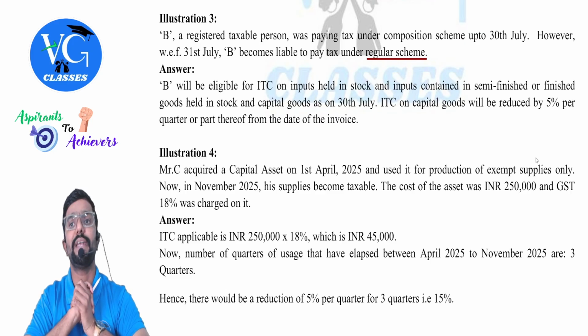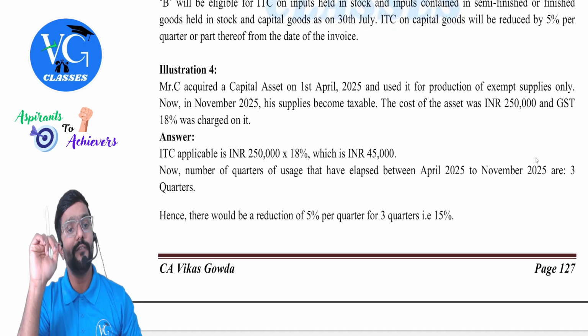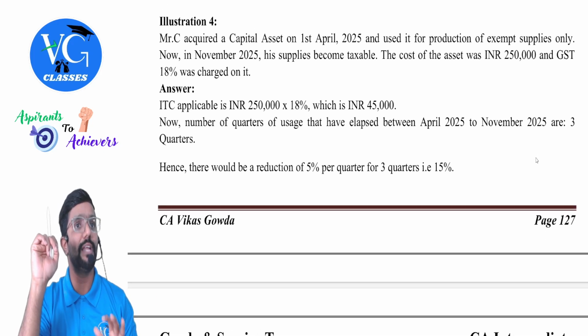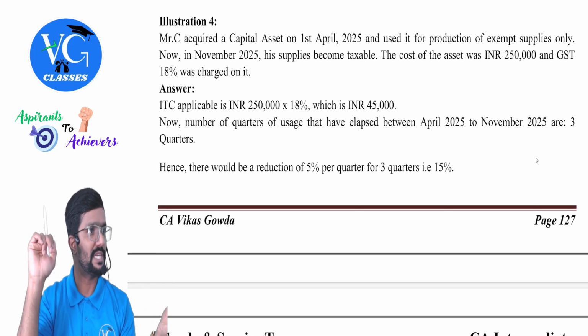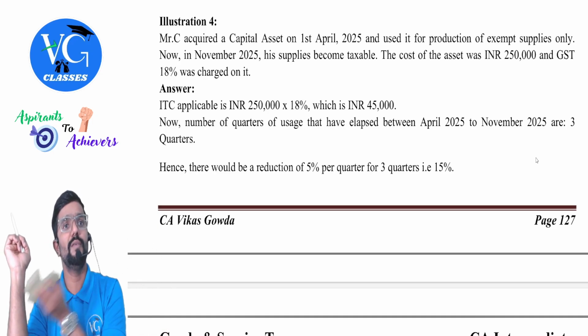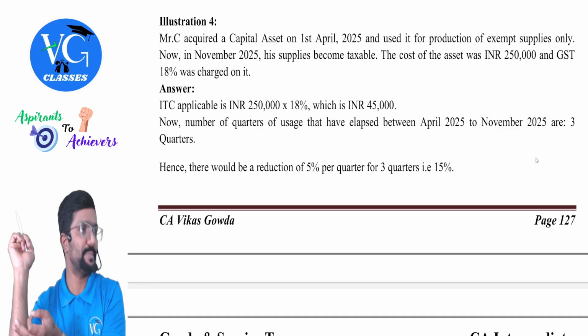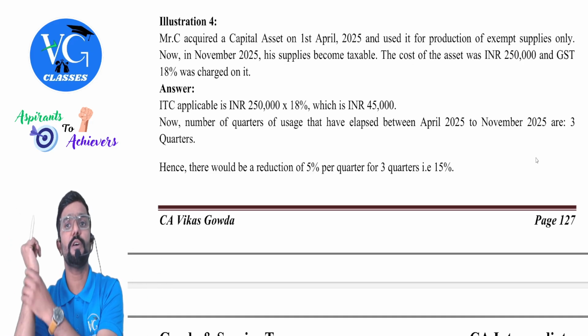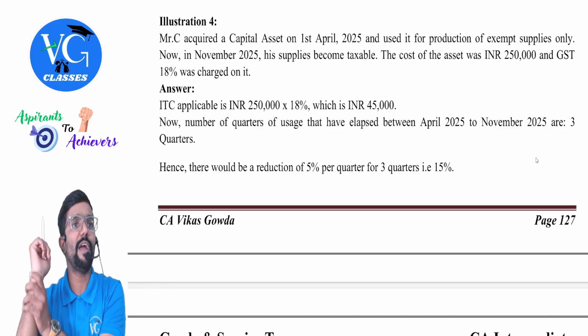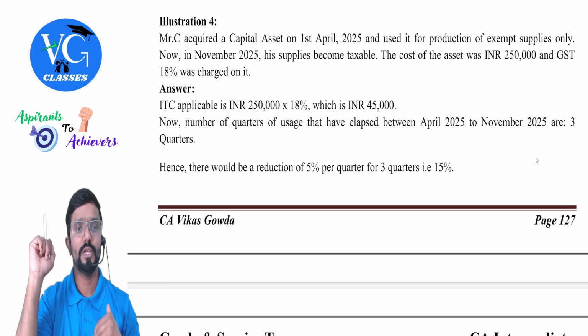From what date? From the date of invoice. Date of invoice of which asset, guys? Capital goods. Means from whatever date you have purchased till the effective date, we will see how many quarters have elapsed. Accordingly, for each quarter or part of the quarter, we will reduce 5% each.